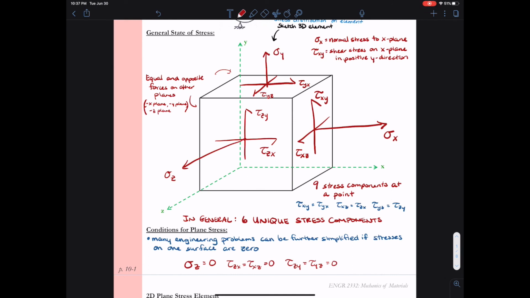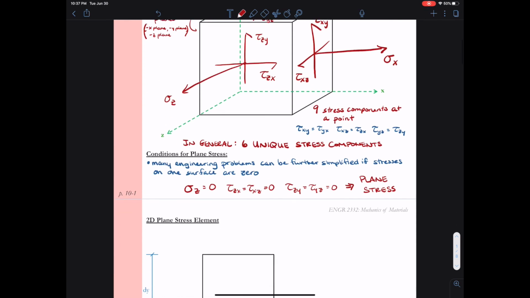So this will significantly simplify our problem, because now we will only have 3 unique stress components in the xy plane. Again, we will see shortly that tau xy and tau yx will have to equal each other for equilibrium.